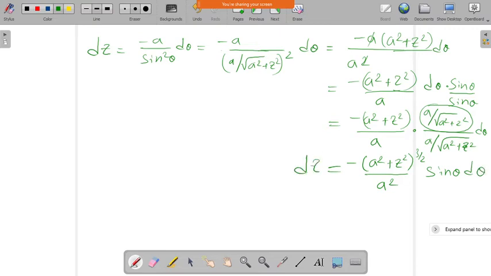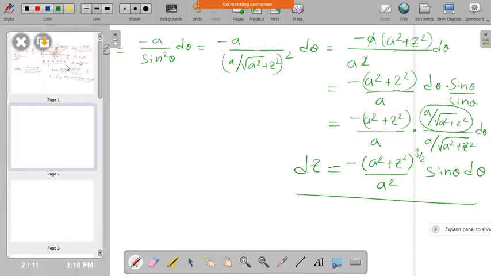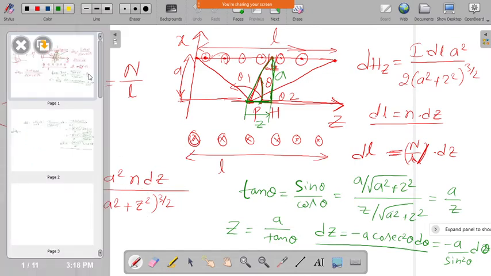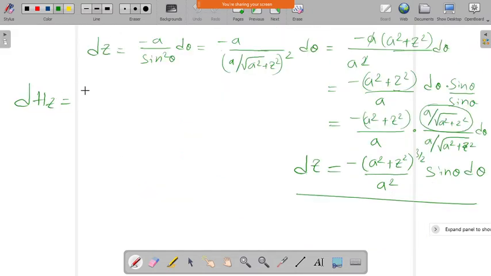So now we can represent dz in terms of this value: a square plus z square whole power 3 by 2 by a square into sin theta d theta. Now I substitute in the expression for dHz, which is nothing but whatever it is giving here, that is a square n I divided by 2 into a square plus z square whole power 3 by 2.